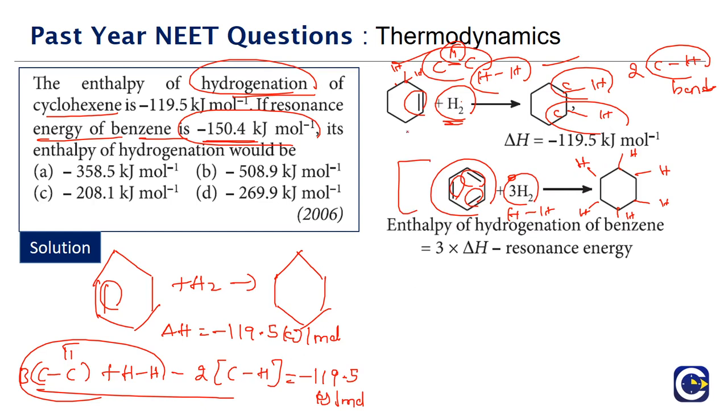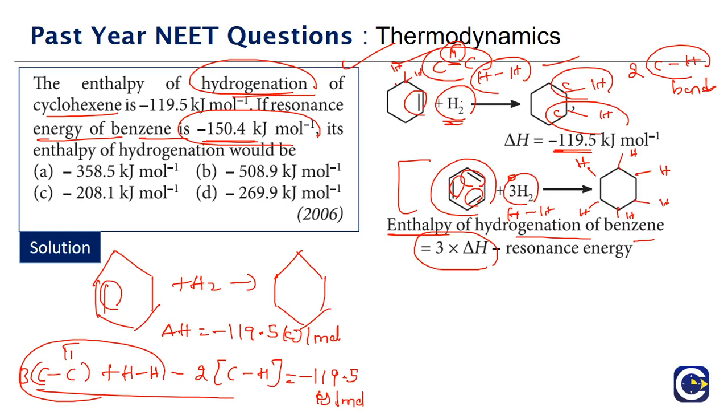Which means for this process, if delta H is the enthalpy change of the hydrogenation of cyclohexene, which is minus 119.5, then for the hydrogenation of benzene, what enthalpy change do we expect? 3 times the delta H of the hydrogenation of cyclohexene, because after all, what is happening here?